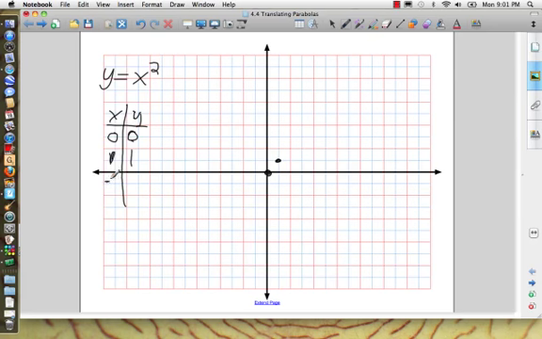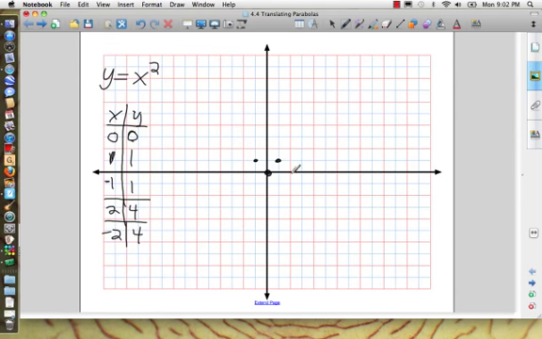Now, what if you plugged in -1 for x? Well, when you square -1, you also get +1. So -1, 1 is on the graph. Okay, if you plug in a 2 for x, you square that, you get 4. Notice that when you plug in a -2, you also get +4.